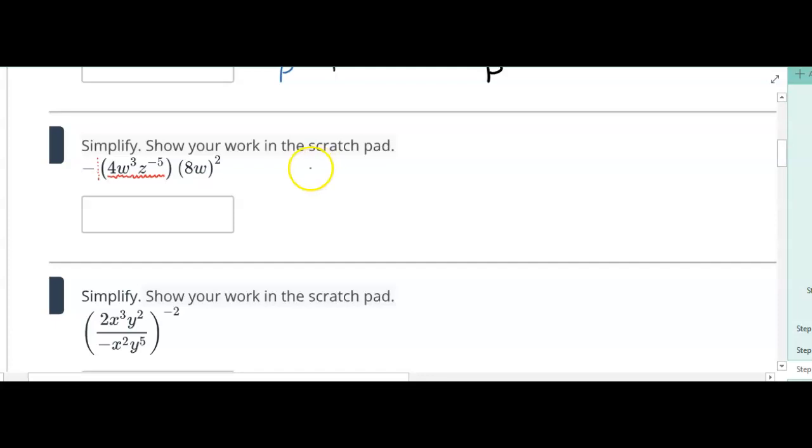Really, we don't even need the parentheses. We could have just written 4w cubed z to the -5th times 8w, and that's where we do need the parentheses, squared. Because we need to take this exponent and apply it to each factor.